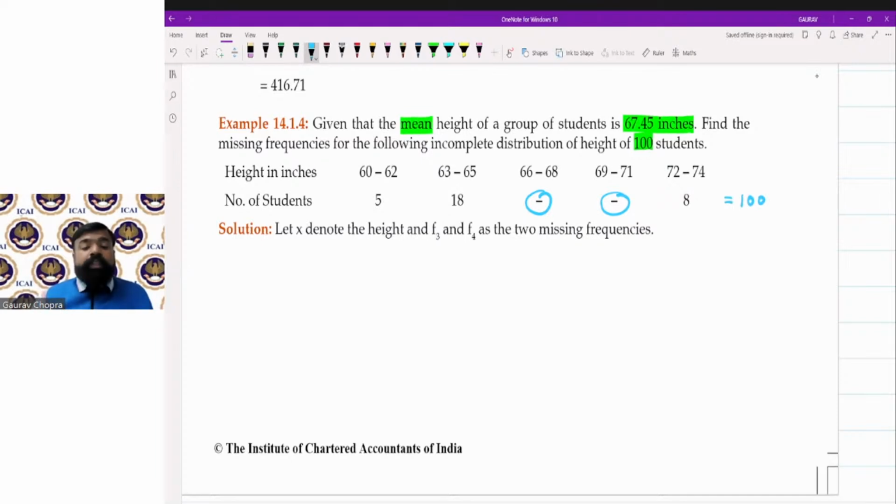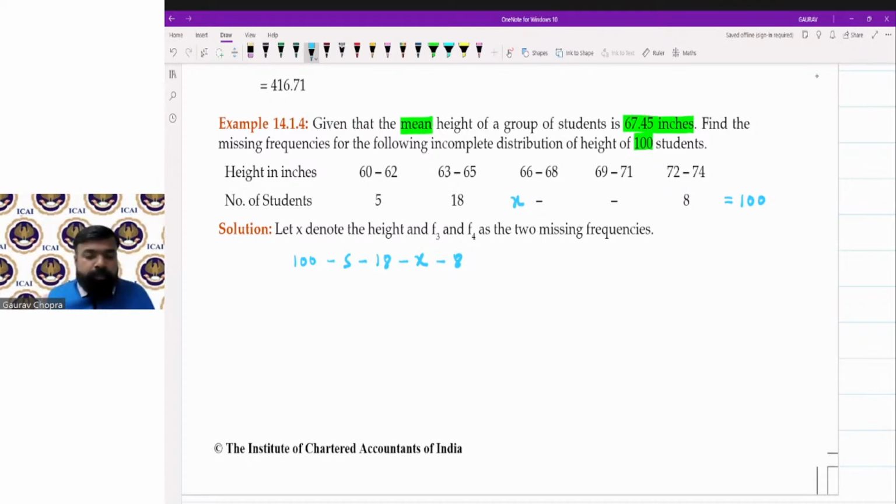So what is the first step? It is very easy to solve. The first step is always assume one as x. If you assume one as x, what will be the other number? The other number will be obtained by subtracting all the values from the total. That is, you can subtract 100 minus 5 minus 18 minus x minus 8. This will become your other number.